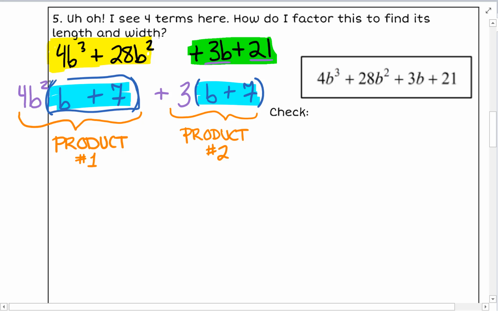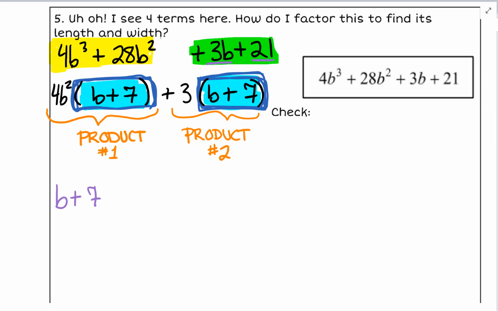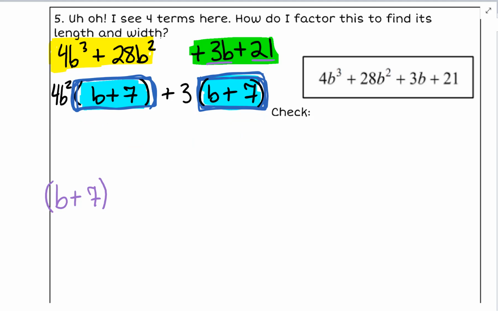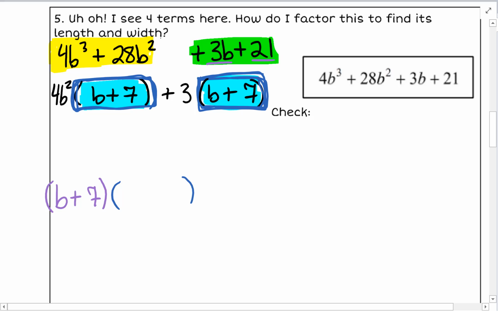A GCF can be one term, it can be a number, it can be a variable, it can also be a group. And in this case, b plus 7 is the GCF of these two products. So this time, our GCF is a group. And whenever we have a group, we have to put parentheses to let people know it's a group. And now, how do we find what's left after you divide by the GCF?